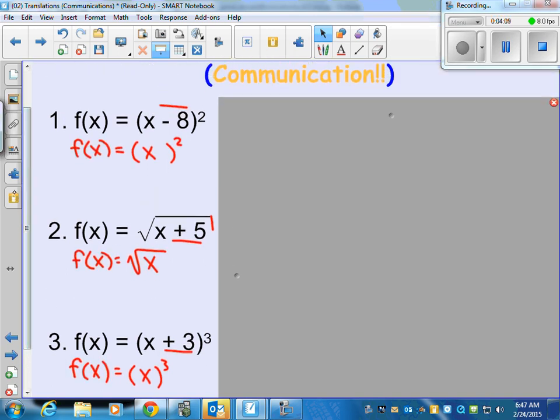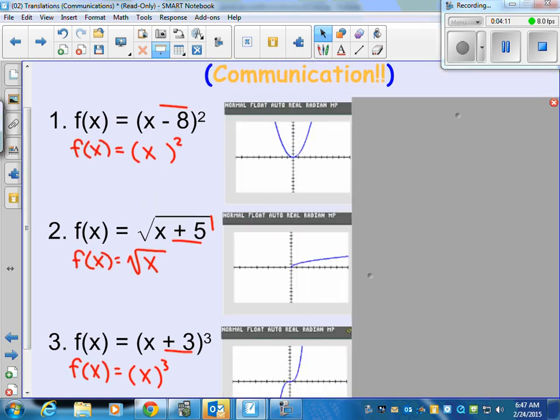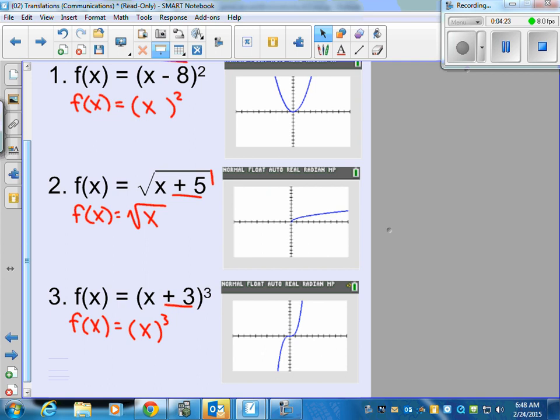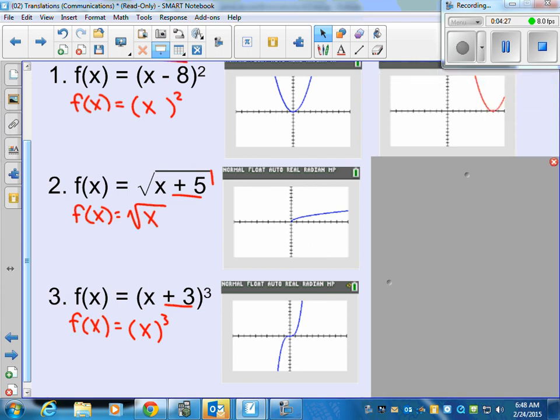So when we look at the graphical operations, what's happening? We always want to start with the original parent graph. We can see the original x squared on top, square root in the middle, and x cubed at the bottom, and then we're looking at what's happened to those graphs. In the first graph, we have a minus 8 on the inside, but we notice that the graph moved to the right 8 spots.